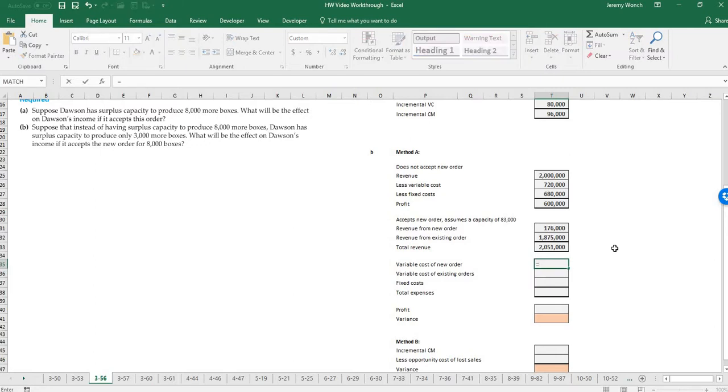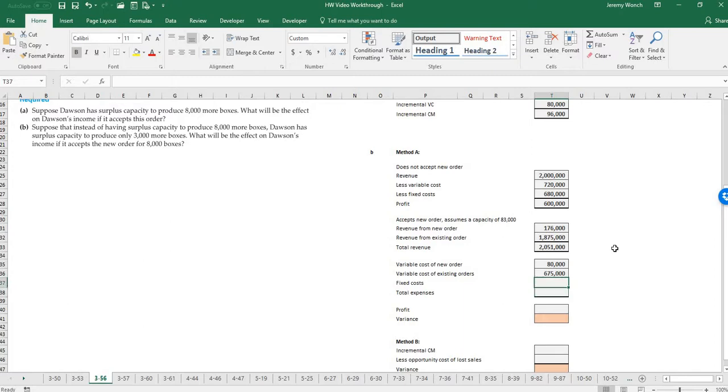Our variable cost for the new order is going to be our 8,000 units times our variable cost. Our variable cost for our existing orders, now we're only able to sell 75,000 units times the variable cost of just the 9 instead of the 10.